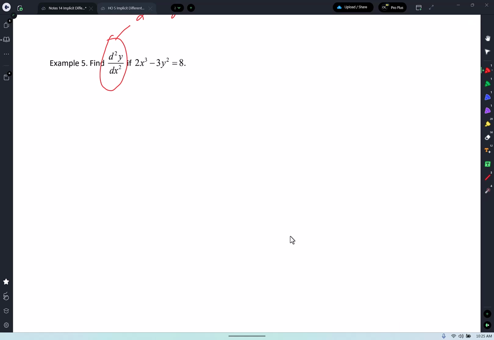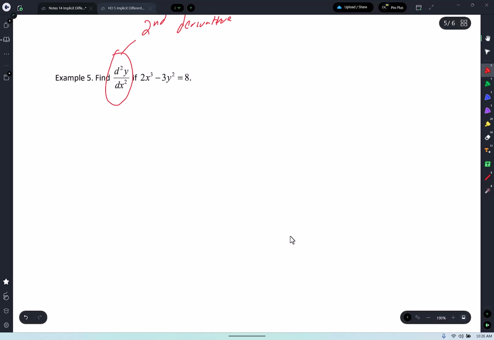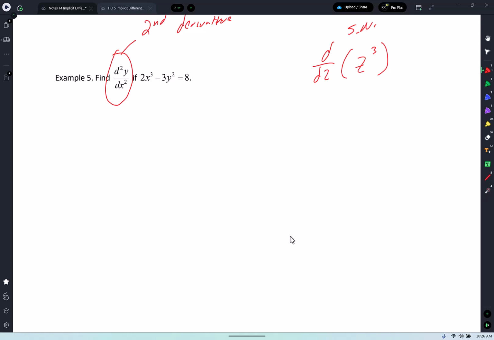All right, here you go. Ready? I'm taking the derivative with respect to x. Okay, side note, because I want to make sure we're not robots. You guys know we can take a derivative with respect to any letter, right? If I have z cubed and I write d/dz on the side, that means I'm taking the derivative with respect to z, right?